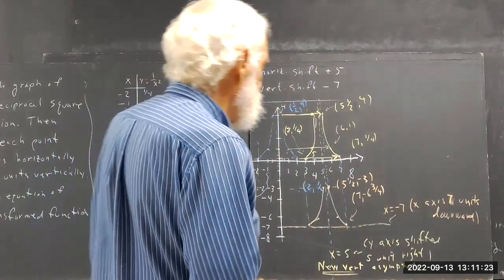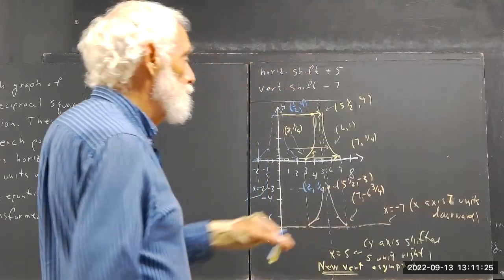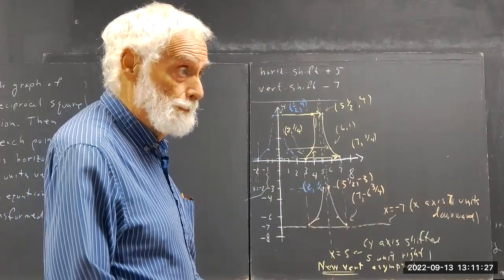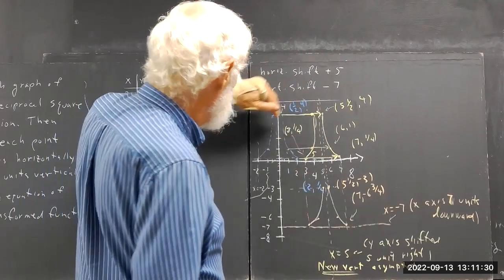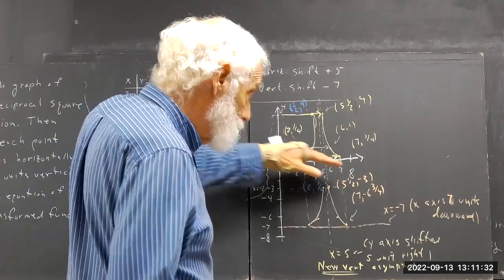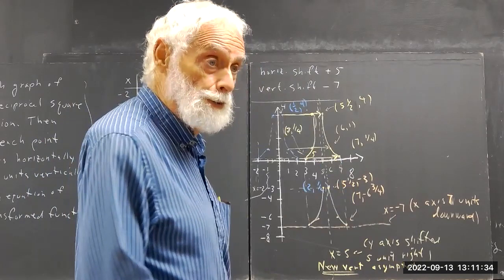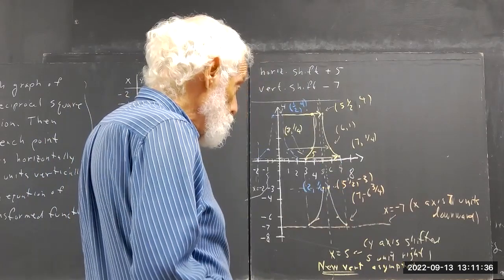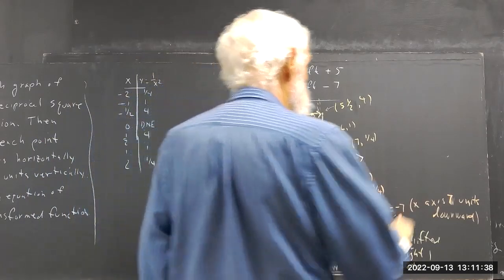And y equals -7 is the new horizontal asymptote. It's because the original function is going to just continue approaching the x-axis, but never reaching it, and have a horizontal asymptote. So this is the new horizontal asymptote.